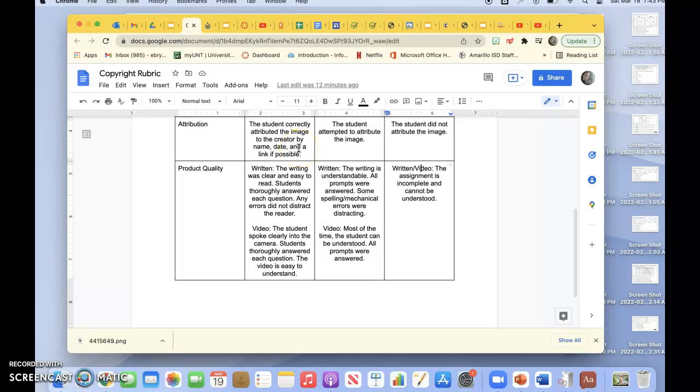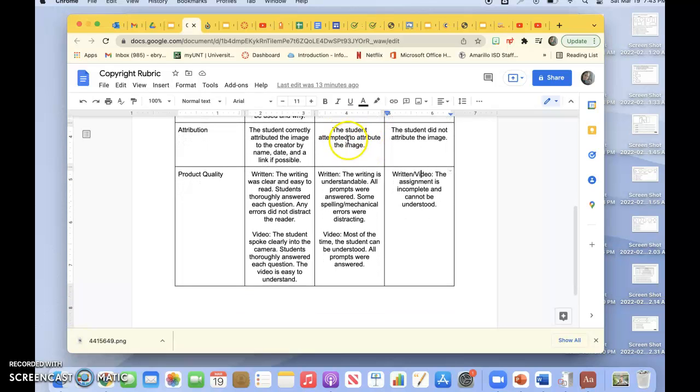We're not going to go into detail over citation at this age in 4th grade. If they can just find the author, the date it was made, and then a link back to where they found it, that's going to be good for me. And then if they just attempted to attribute the image, they maybe didn't get it perfect, but at least they were able to show on some level what attribution looks like, or they didn't try to attribute it at all.